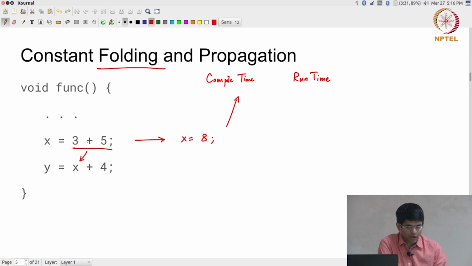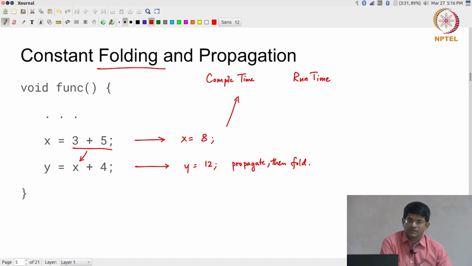So I can propagate this value 8 in here and then again do a constant folding and finally end up with y is equal to 12. I'm straight away done. So this is propagate then fold. Like I said, fairly intuitive and obvious.